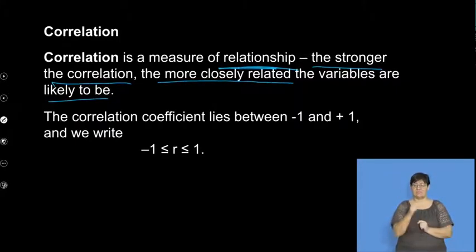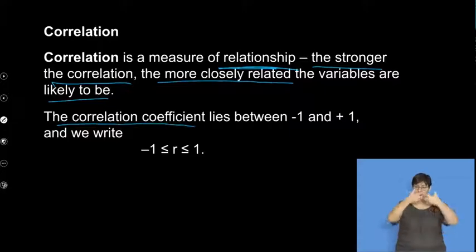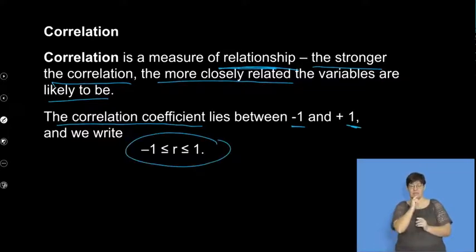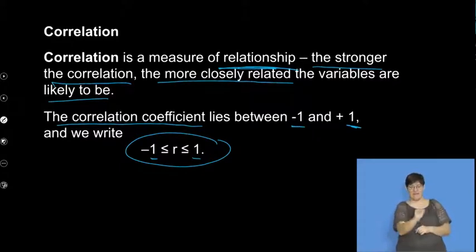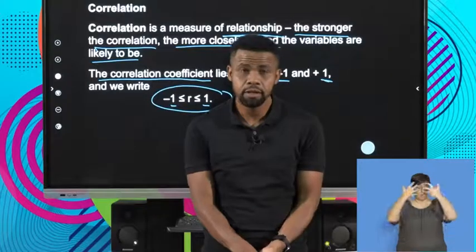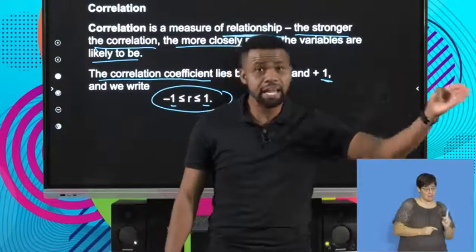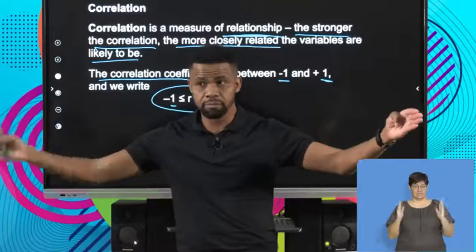We call this the correlation coefficient, and it lies between -1 and 1. This can also be written like this. What does this mean? We can quantify, we can measure correlation, and it is from -1 to +1.